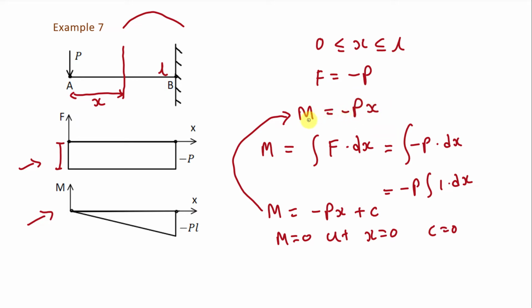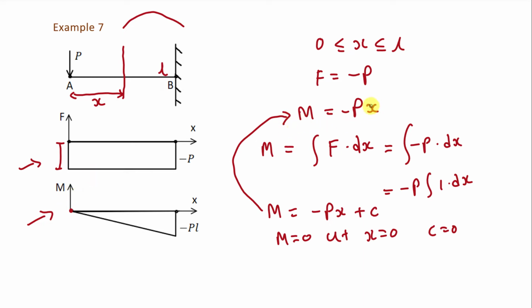Now this bending moment is in the range of 0 to L. If we put 0 instead of x, then bending moment will be 0. So at x equal to 0, bending moment is 0, and we get this point. Here this direction is the x direction and in this direction there is bending moment.